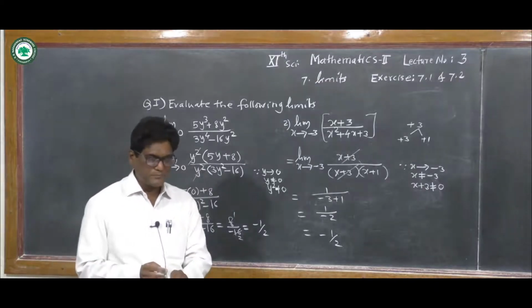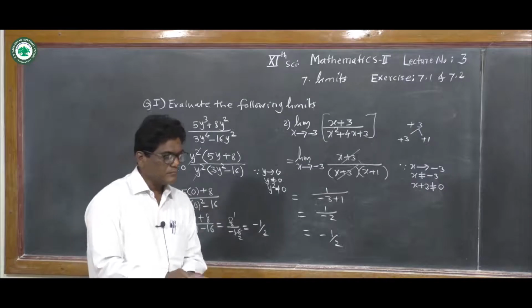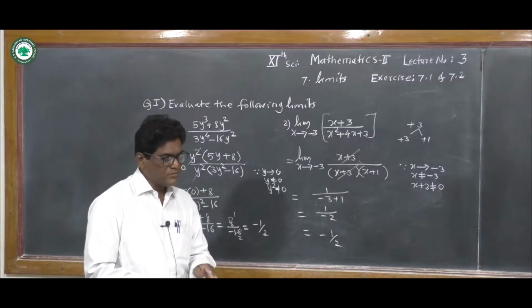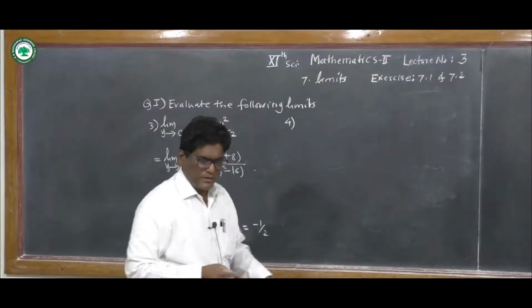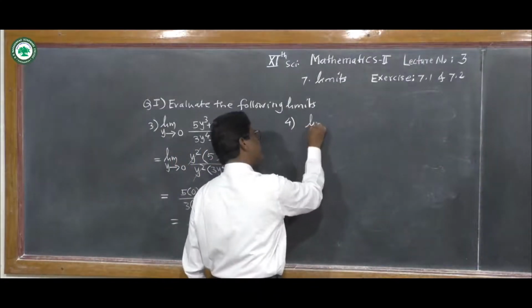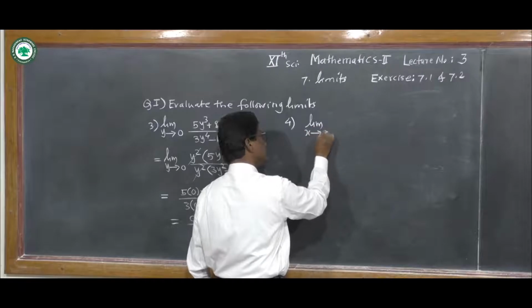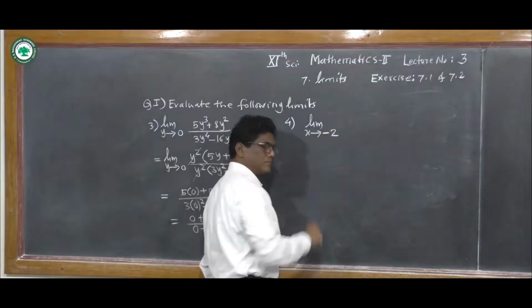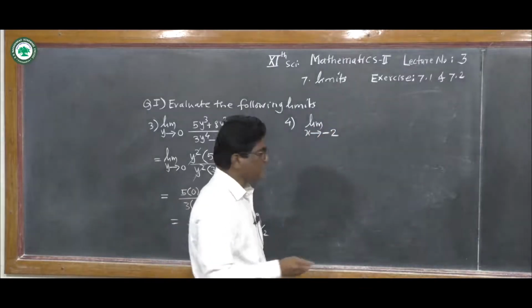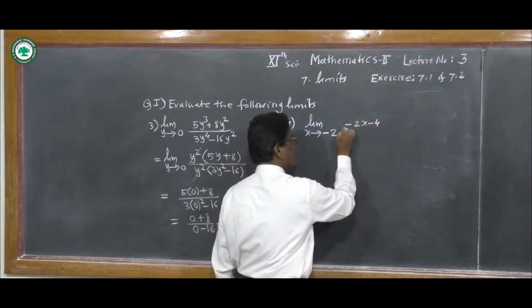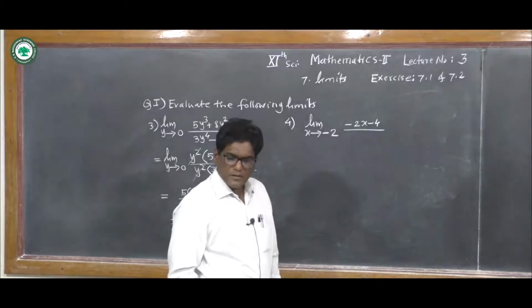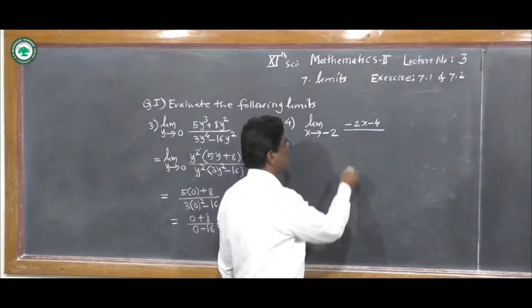Now the fourth problem. Limit as x tends to minus 2 of (minus 2x minus 4) divided by (x cube plus 2x square).